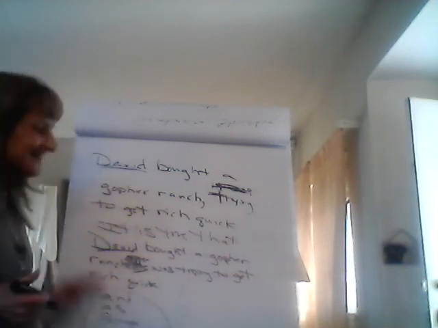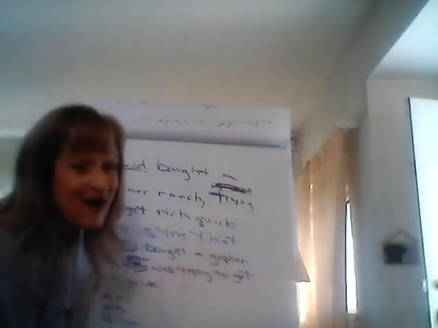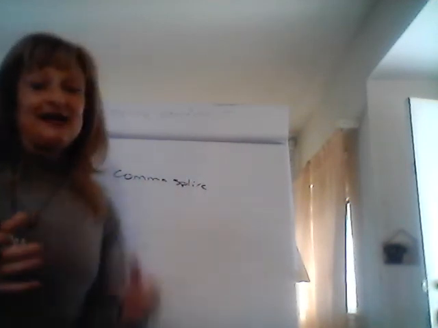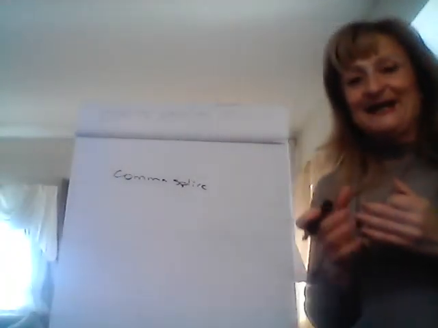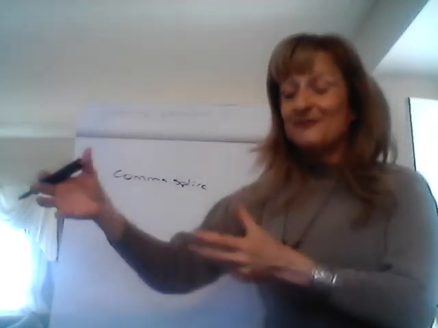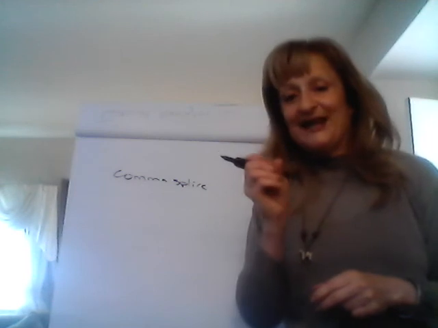All right, so that's the run-on, and then let's talk real quick about the comma splice. That's my favorite one, kind of, and I'll tell you why. The comma splice is like a run-on, but it has a comma in the middle. So you have an independent clause, you have another independent clause, and they are joined with a comma.